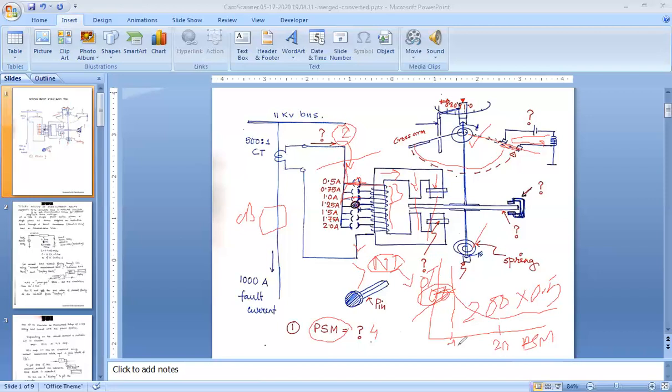Okay, now there is another scale which is known as the time scale. Suppose here for 4 PSM we are getting time, suppose it is say 8 seconds. 8 seconds is the operating time for PSM 4.